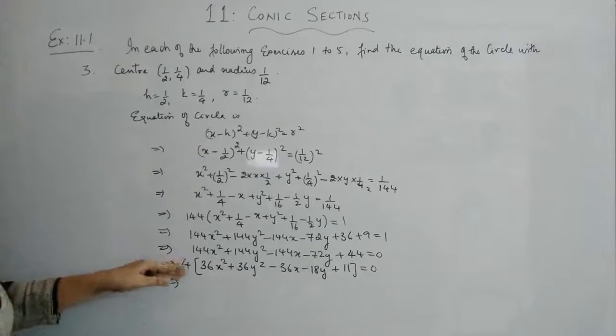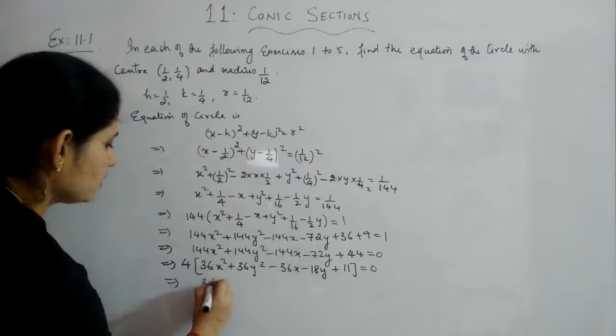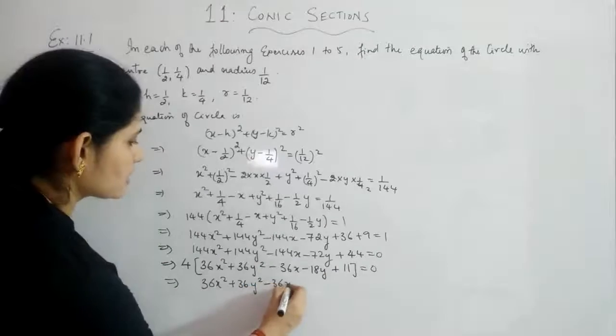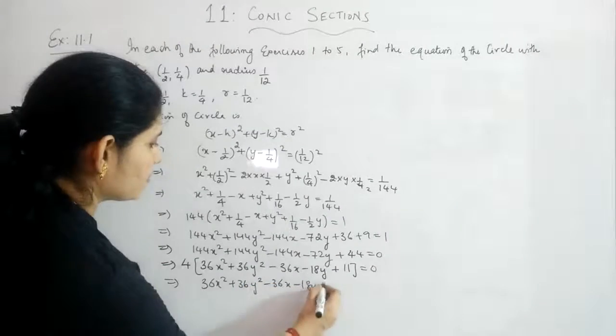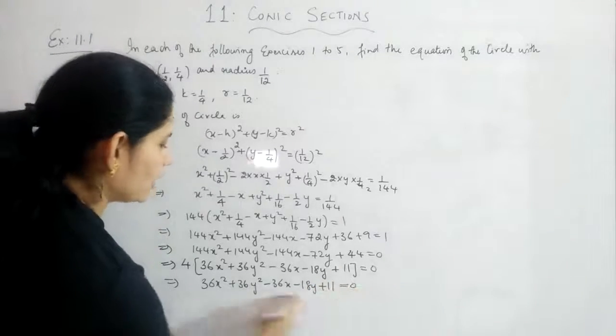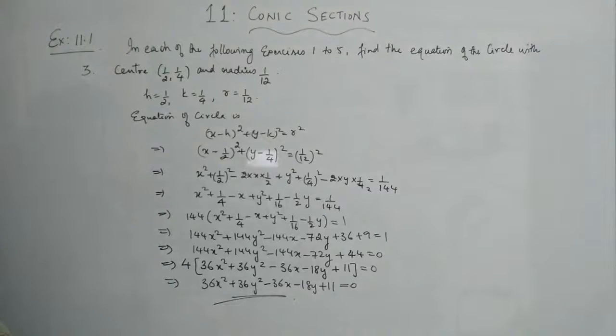So that 4 is going to the right hand side because it is 0. You are getting 36x square plus 36y square minus 36x minus 18y plus 11. Since it is 11, you don't have anything in common, so you can stop here. So this is the equation of the circle.